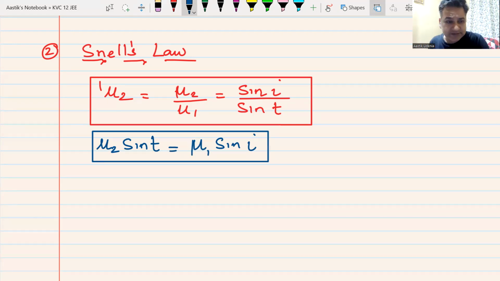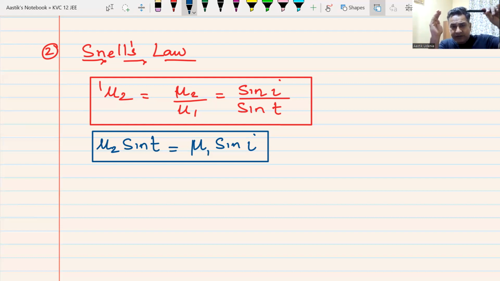Now remember, there is something known as the principle of reversibility of light ray. Do you understand the meaning of the principle of reversibility of light ray? We have also seen it once. What does that principle say? You remember the plane mirror, curved mirror.